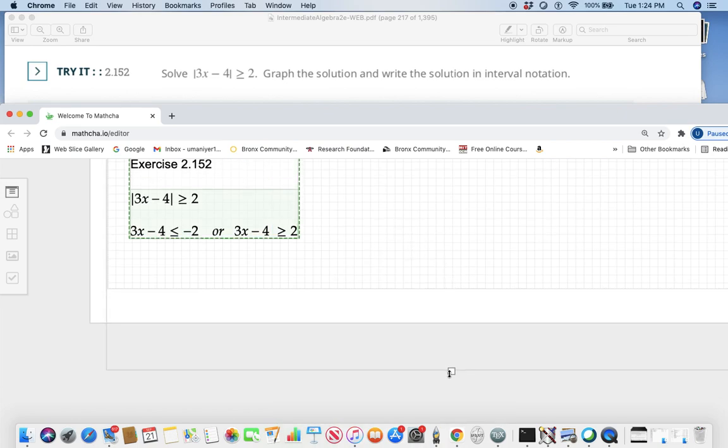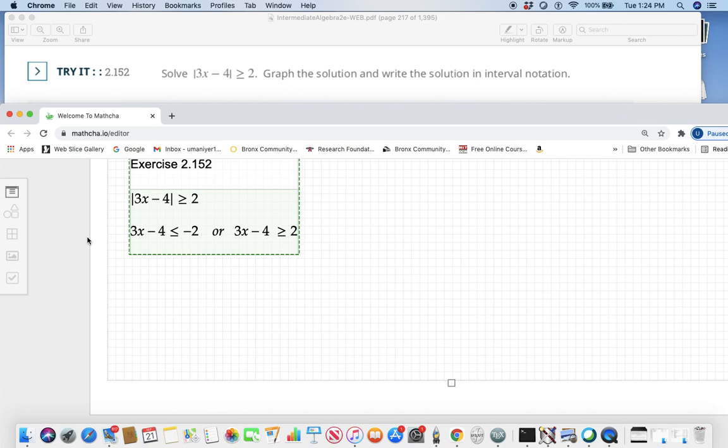Okay? Once you see this, all you need to do is solve this, solve this. How do I solve this? Add 4 to both sides. Add 4 to both sides.